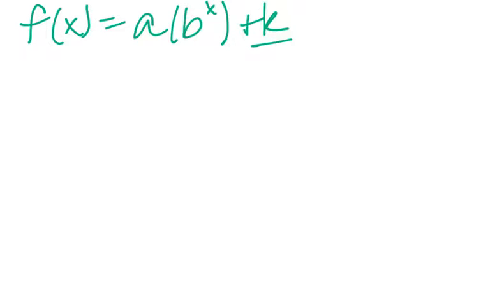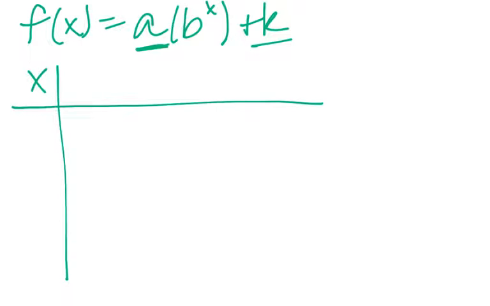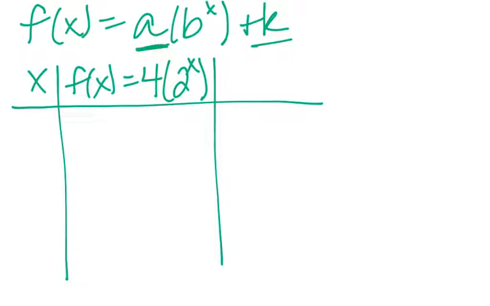We know that moves things up and down. So what we're really looking at here is the a value. In your table, we have x values, and we have f of x equals 4 times 2 to the x, and g of x equals 8 times 2 to the x.